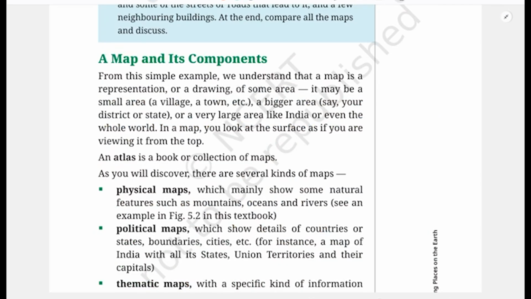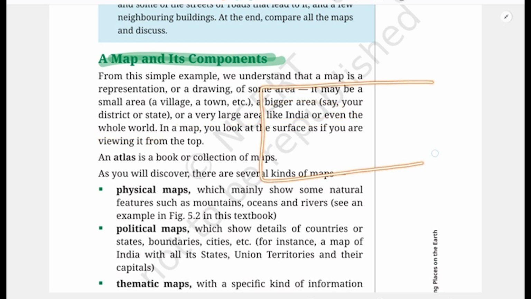Now we will study a map and its components. From this simple example, we understand that a map is a representation or drawing of some area. It may be a small area, which is a village or a city, or a bigger area, say your state or the place where you live, or a very large area like India or even the whole world.